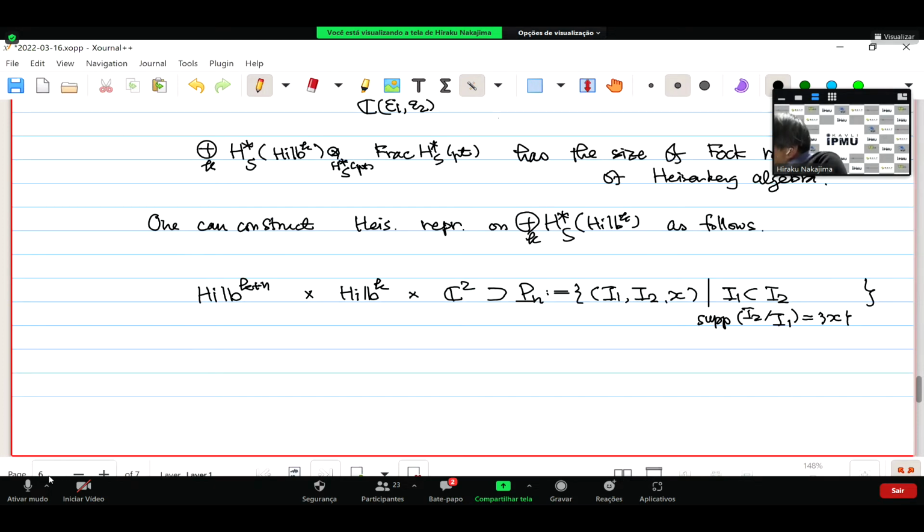So that example is not contained in P_n. But in some sense, you start with k distinct points, choose a point x, and add n points in a general sense, like the case of a Young diagram.